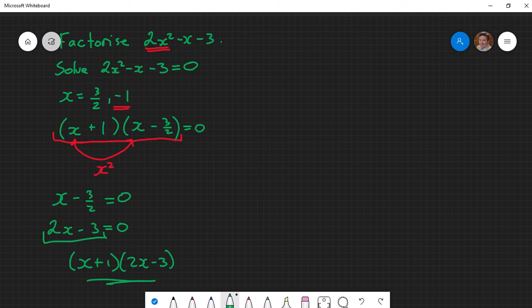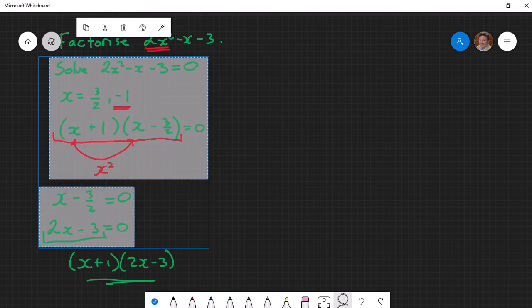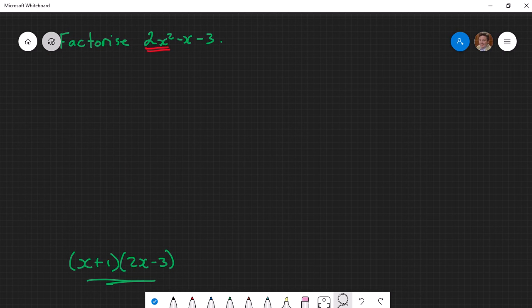Okay, so that didn't look like a very compact method. So what do you actually write? Well, what you actually write in the exam is that. So how are we going to proceed to do that?